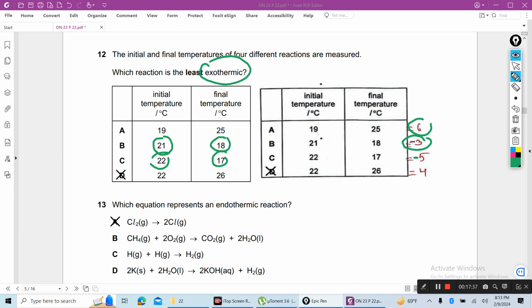And D, 26 minus 24, so this is plus 4 degrees centigrade, the temperature increases. So the first one, 6 degrees centigrade increase, is the most exothermic, and D, a 4 degree centigrade increase, is the least exothermic. So the answer will be D.